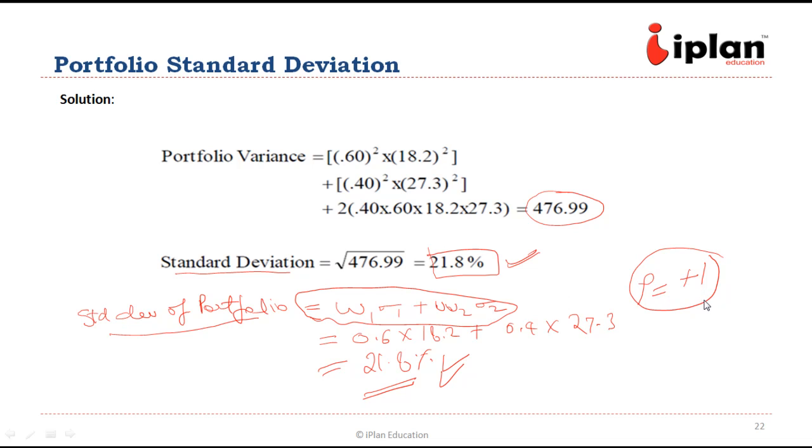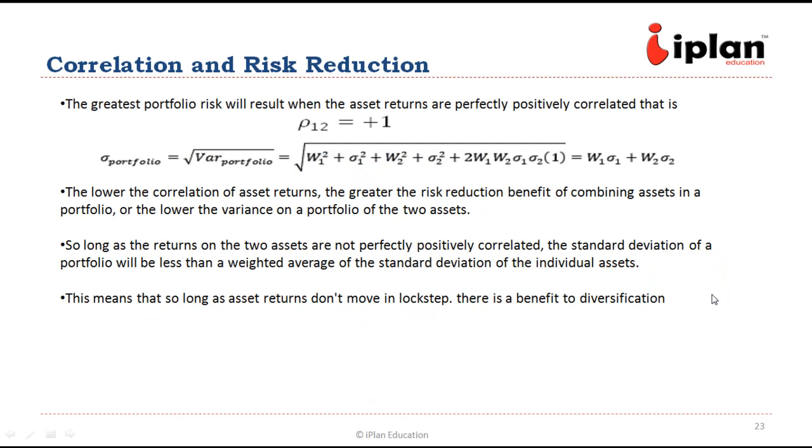Let us look at it further. Yes, the greatest portfolio risk will result when the value is +1. And the formula of standard deviation of the portfolio will simplify to simply the weighted average of standard deviations. So we know the lower the correlation, the greater the risk reduction. In this case, the correlation was the highest, so risk was the highest, no risk reduction.